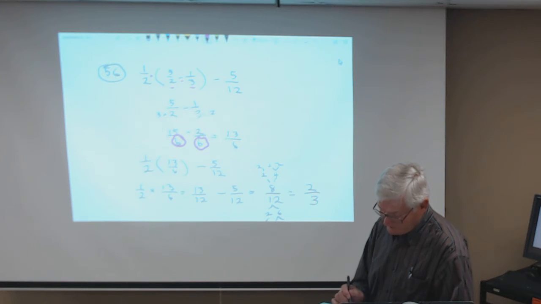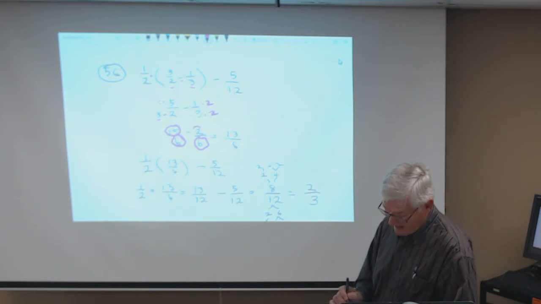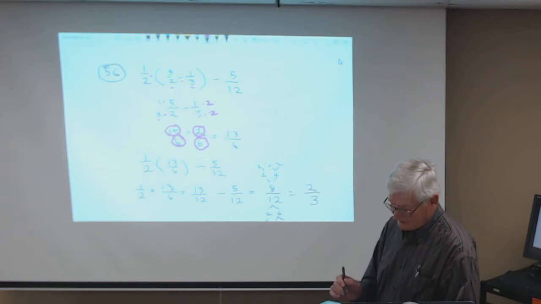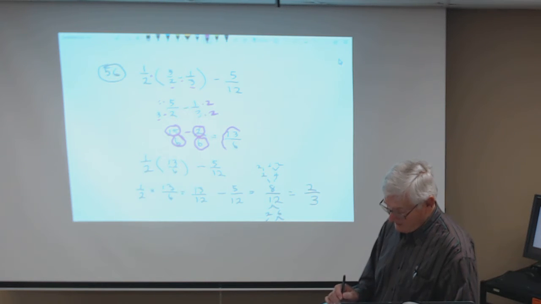So I take 3 times 5 and I get 15. And 3 times 2 is 6, so I take 1 times 2 and I get 2. Now I have 15/6 minus 2/6. And what's 15 minus 2? 13 over 6.